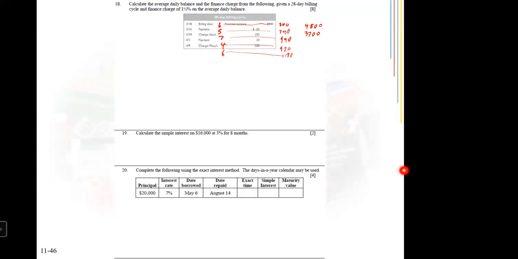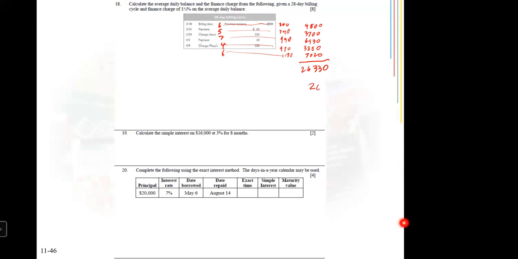Then what's this here? 6,930, 3,880, and then 7,020. Add it all up together, you should get 26,330.